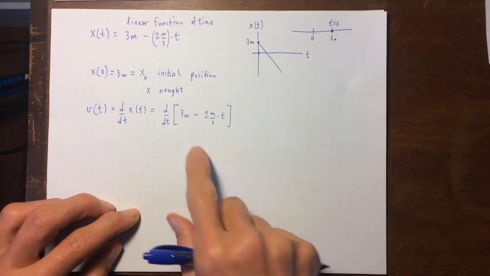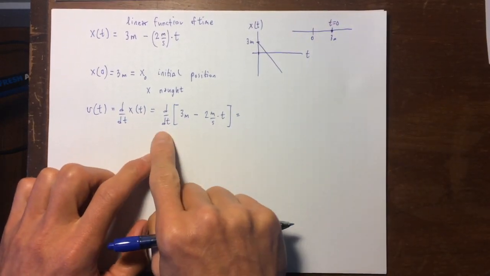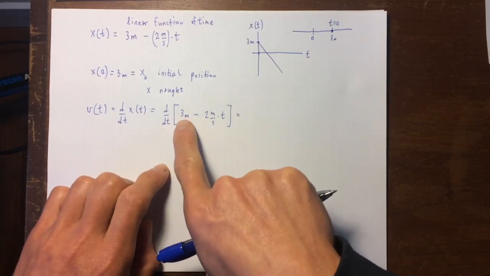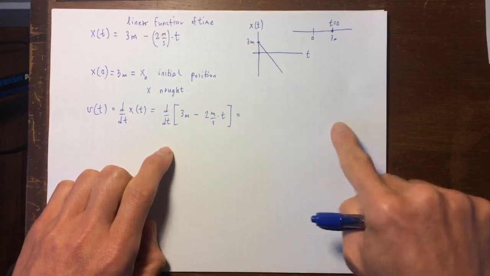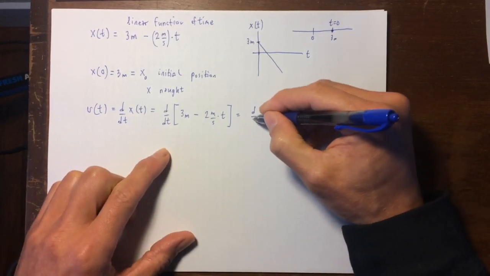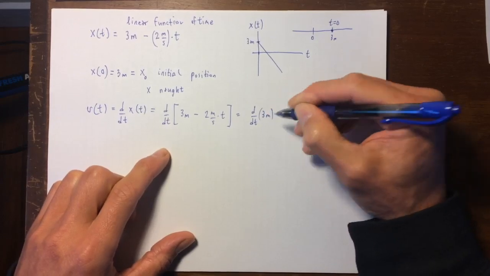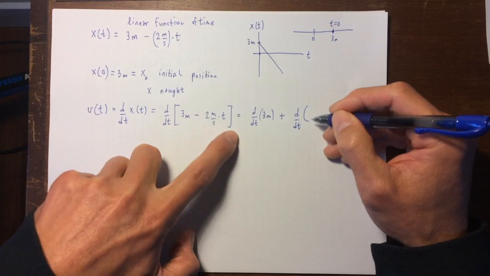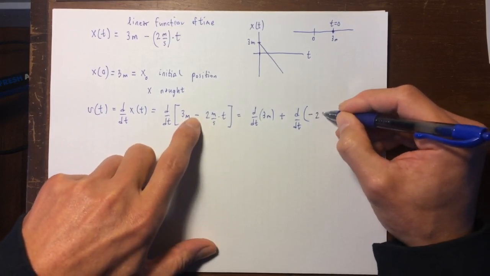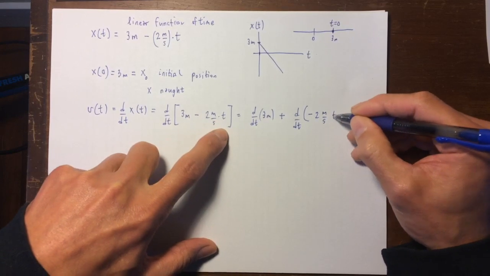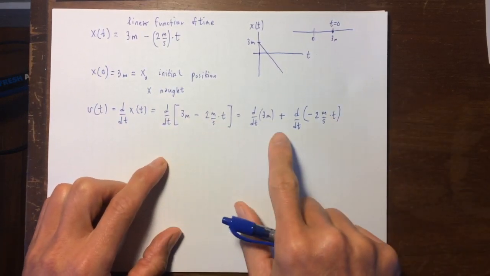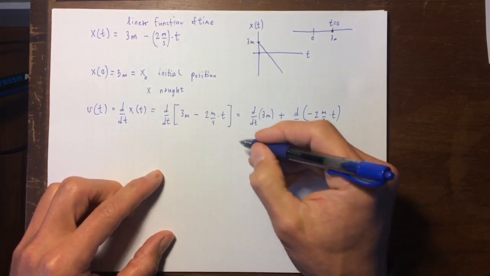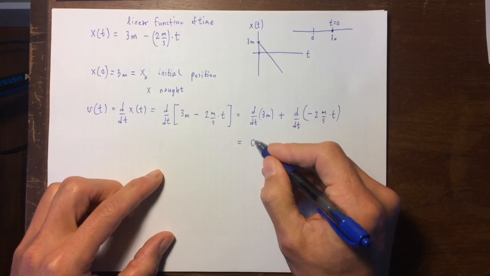Back over here, this is the time derivative of a summation, and that time derivative can act on all the parts of the summation, and you just add it all together. So this is d by dt of 3 meters, plus d by dt of the second term. The second term is minus 2 meters per second times the time t. The derivative of this square bracket is the sum of those two derivatives. The derivative of the first thing is 0.